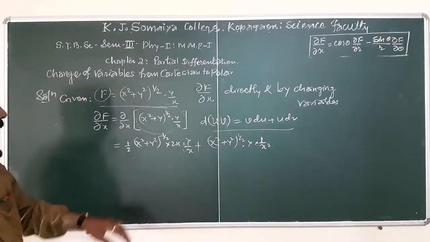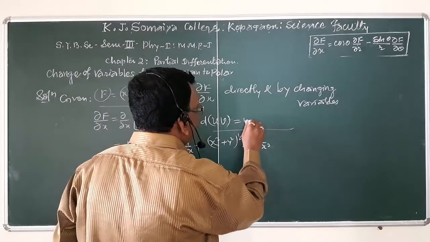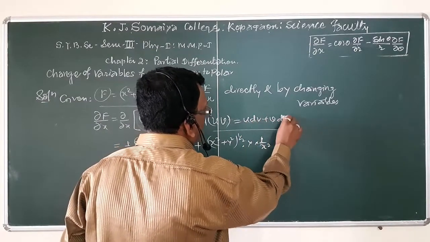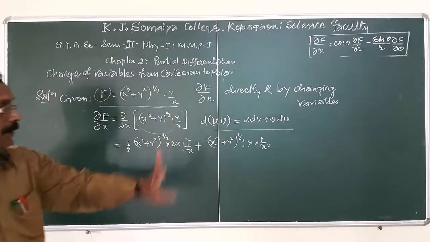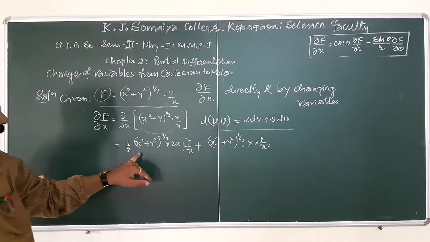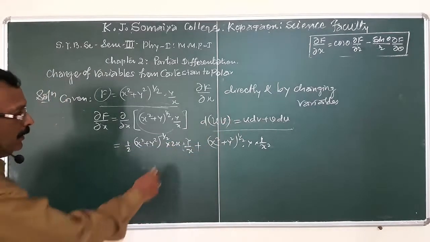See here, you can write this as u dv plus v du, both are okay. Now according to this relation, u dv and v du, we get this.